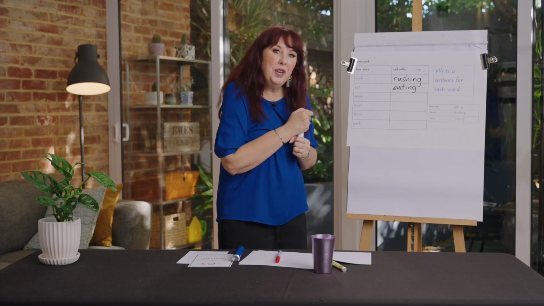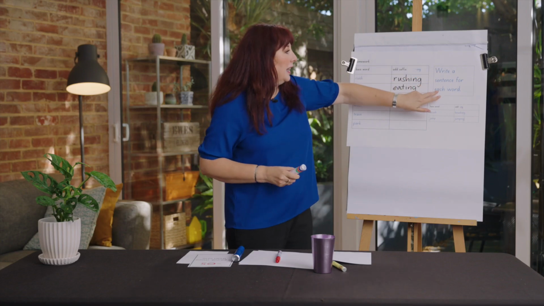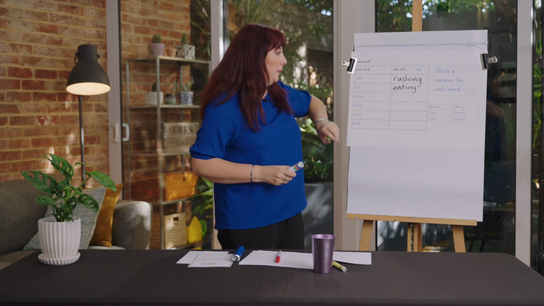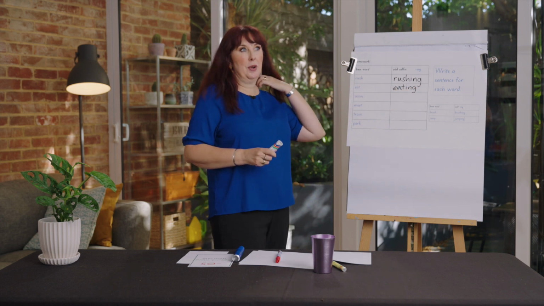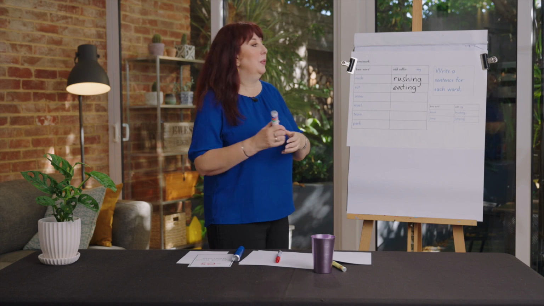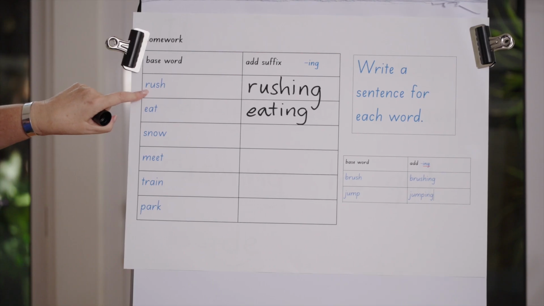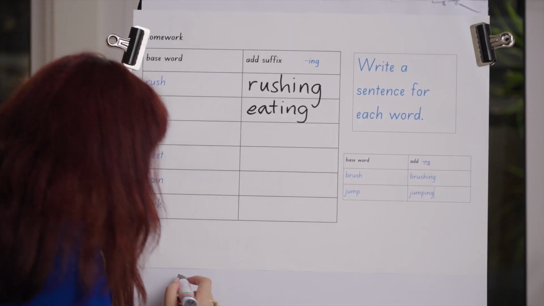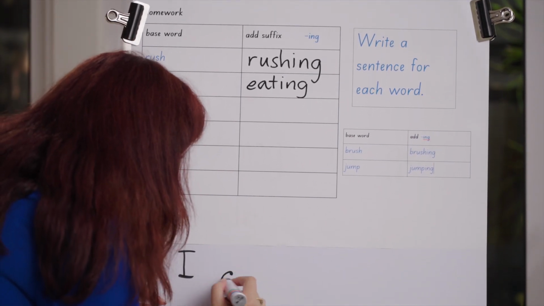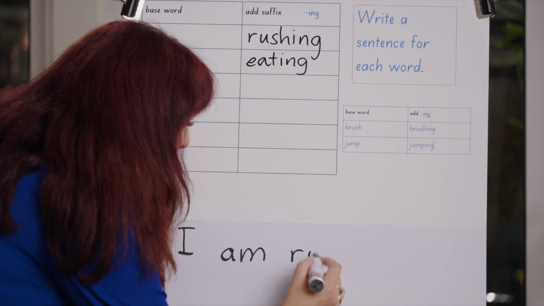Now, I've set you a real challenge. I've asked you to write a sentence for each word. You think, oh my goodness, Simone, that's so much work. It really isn't. Let's have a look at some example sentences. I am rushing.